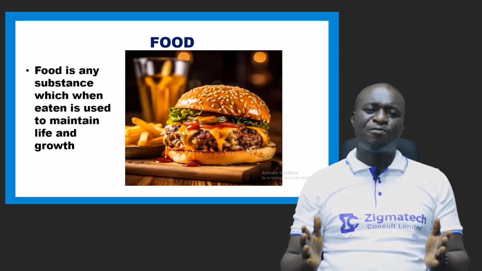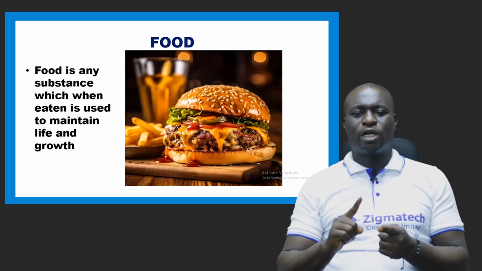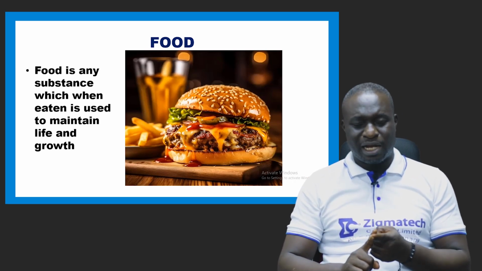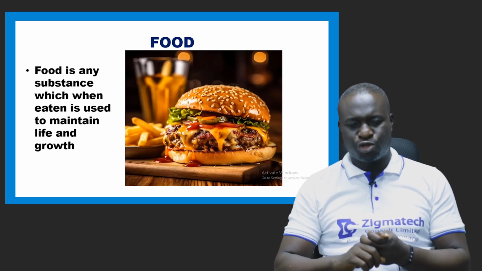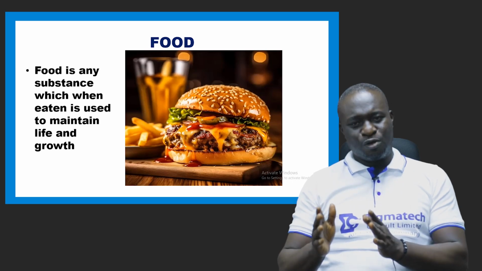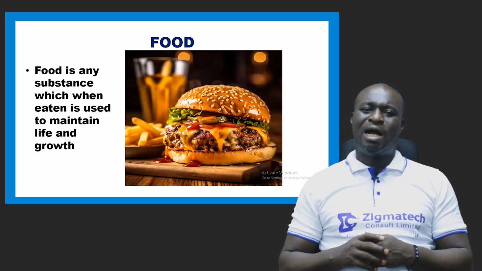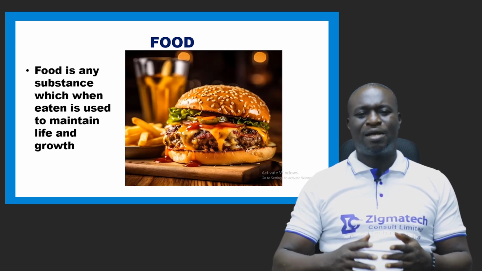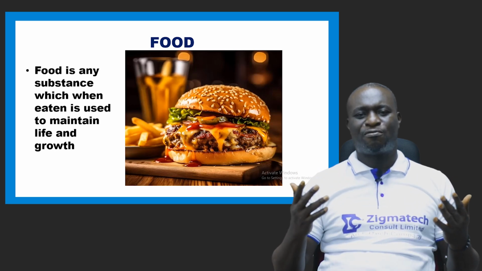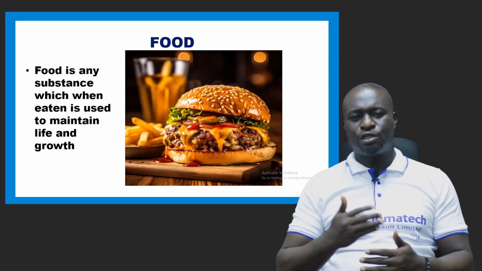Now, for autotrophic nutrition, we have basically two types. We have what we call photosynthetic nutrition, which I have explained, and we have the one we call chemosynthetic nutrition. Now, for animals, we also have different types of nutrition. We have what we call holozoic nutrition. Holozoic nutrition can be divided into different animals that undergo it.